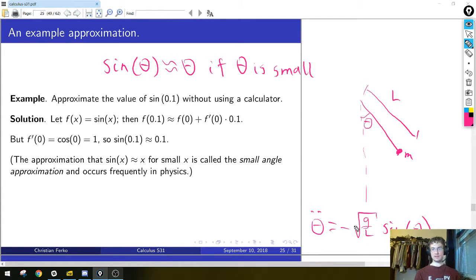The constant's not that important. And this thing, if theta is small, can be approximated. You just replace sine theta by theta, so you get minus root g over L theta.